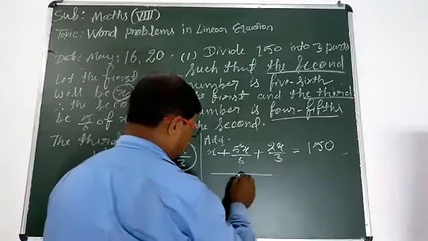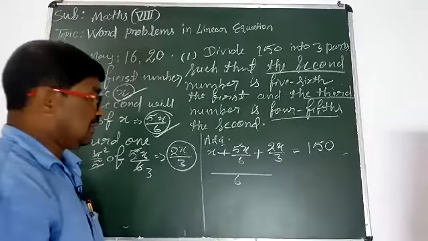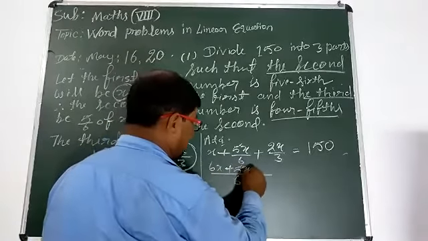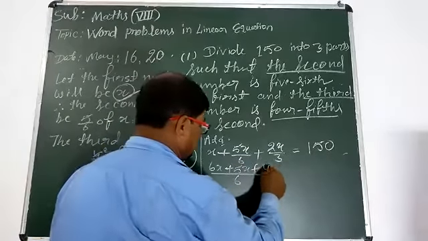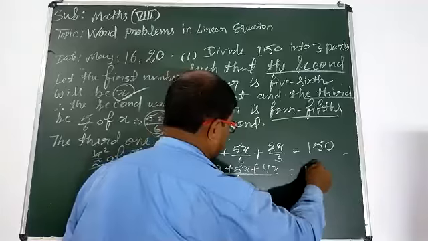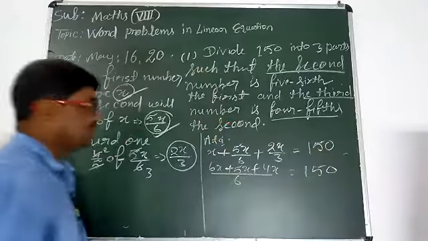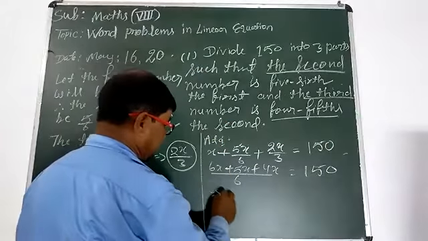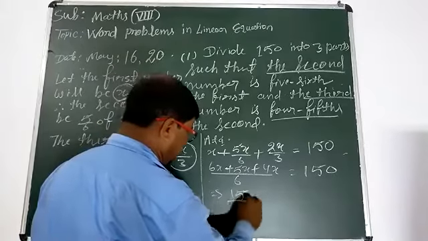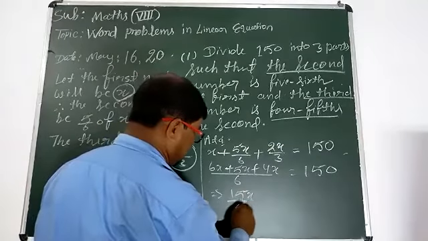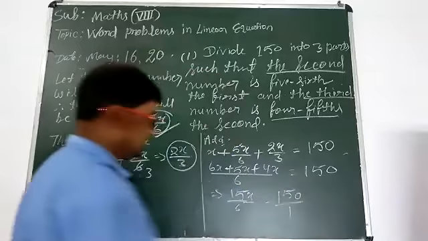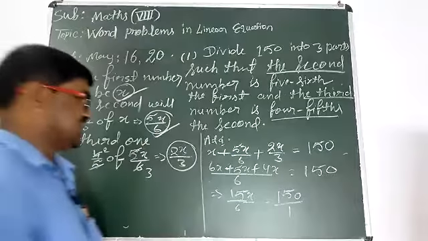Now simplify it. LCM of 6 and 3 is 6. Okay? Now 6 1 is 6x plus 5x plus 3 2 is 6, 2 2 is 4x equal to 150. Understood? Now 6 plus 5 plus 4 is 15. So you should write here 15x upon 6 equal to 150 upon 1. Okay? This is the equation.